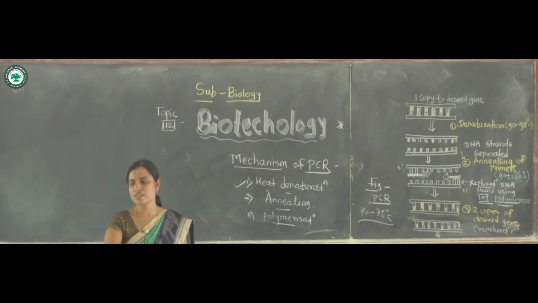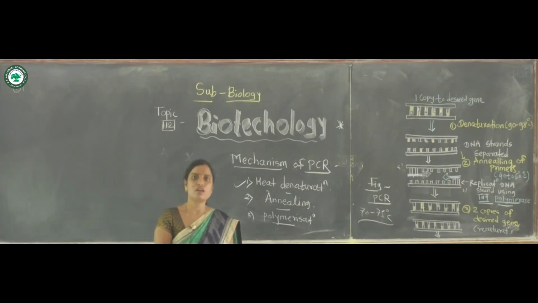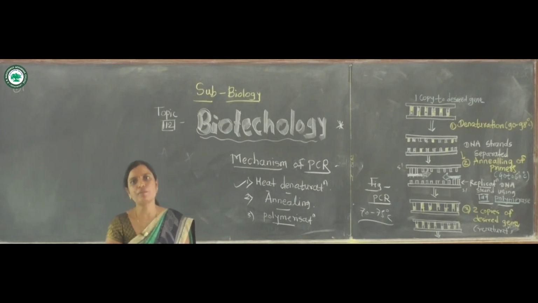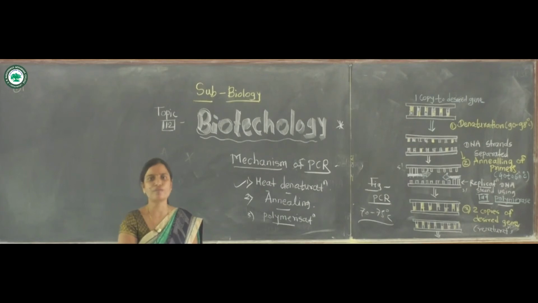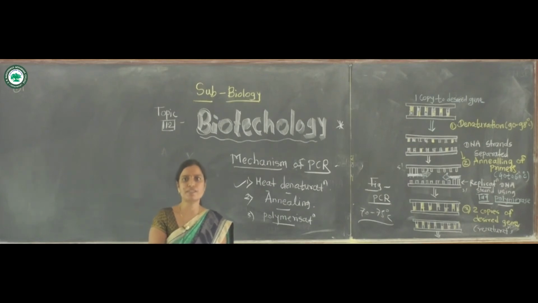Again and again these DNA molecules form double structures, and they duplicate and multiply within a short period, and this is the most important mechanism of PCR.